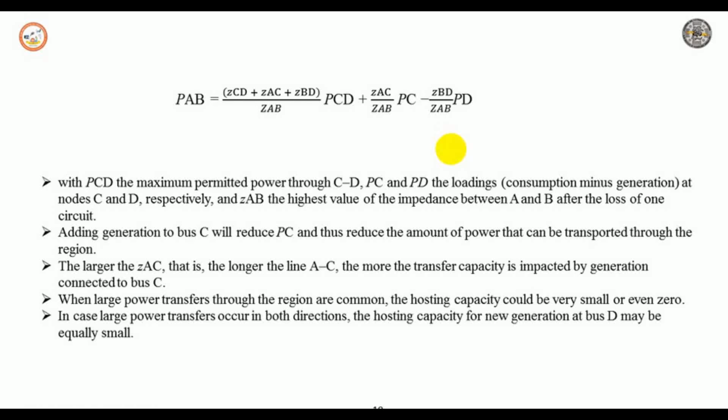Modern production and communication technology allows a more subtle solution for this. Here one more solution is possible in the inter-trip scheme. So consider this figure.